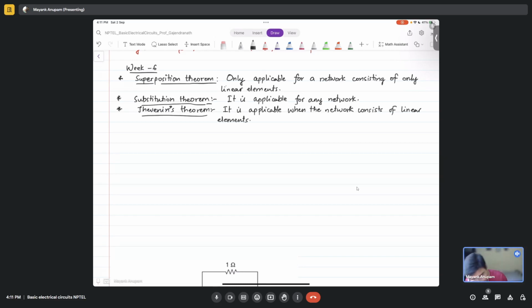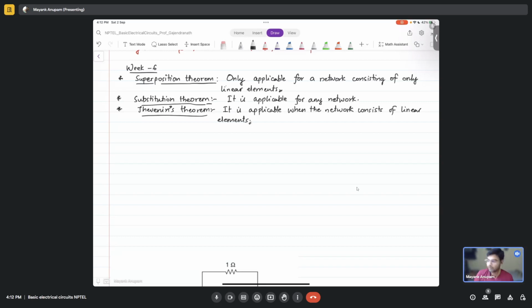By the way, you know that voltage sources and current sources are non-linear elements. When I say it is only applicable for a network consisting of linear elements, other than those linear elements, all the other non-linear elements should only be independent voltage sources or current sources. Independent sources only should be there.